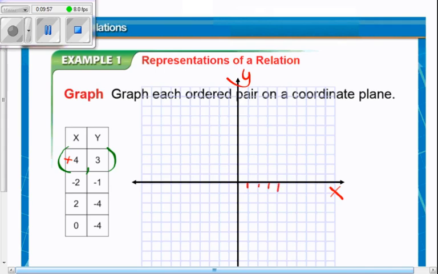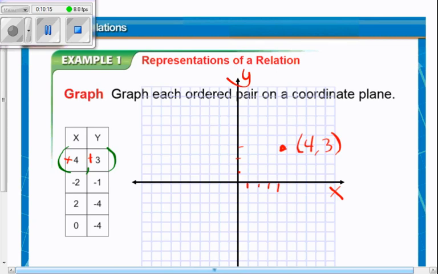And then this is a +3, so that means that we're going up. Up 3. 1, 2, and 3. And I should have a point right here. That point is (4, 3).